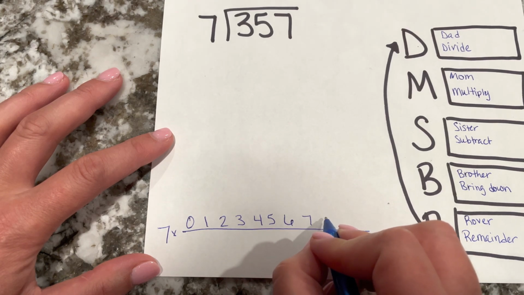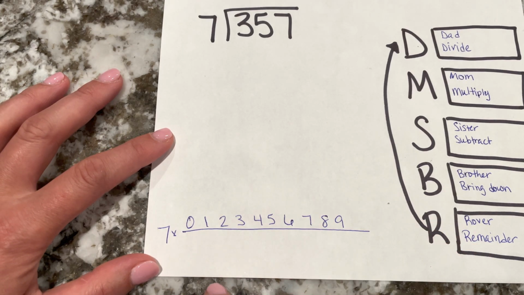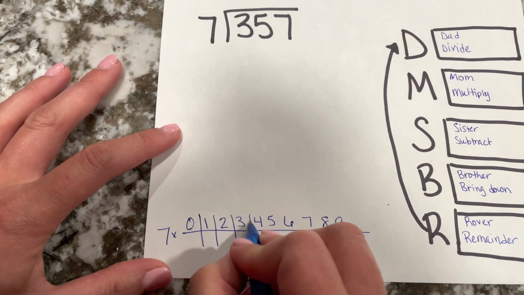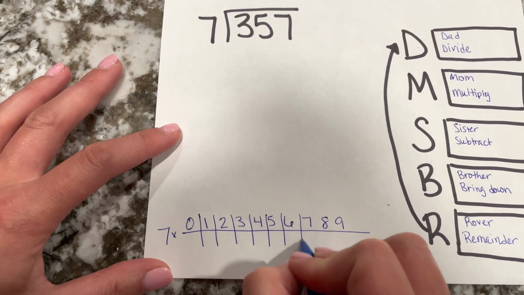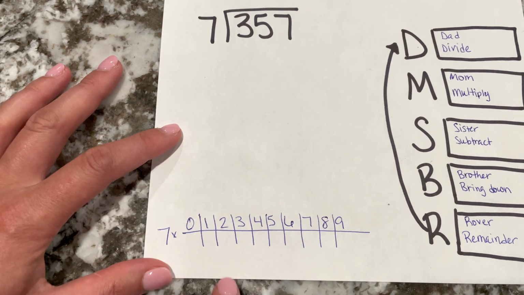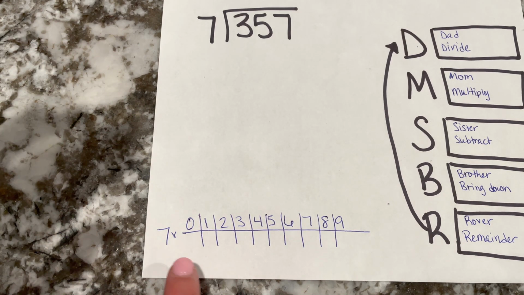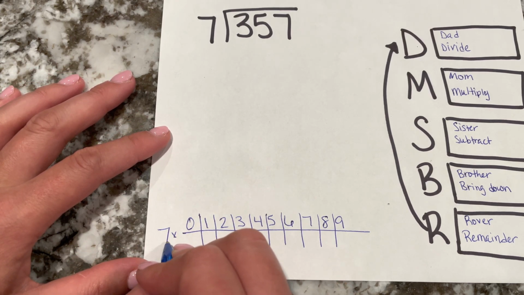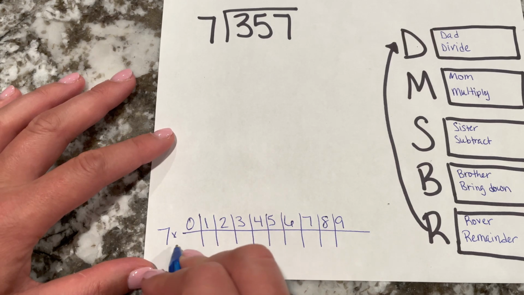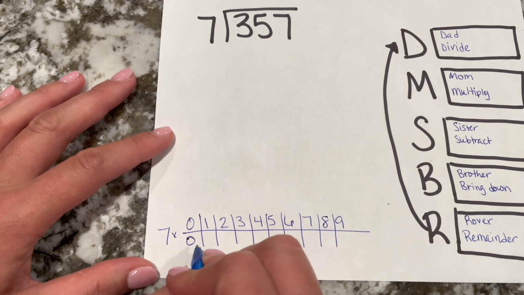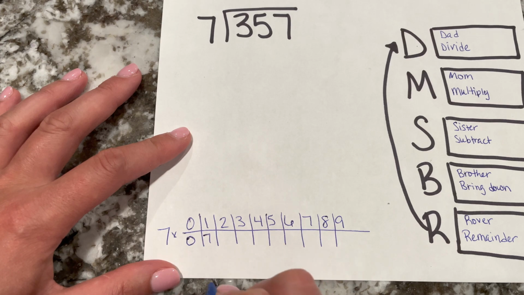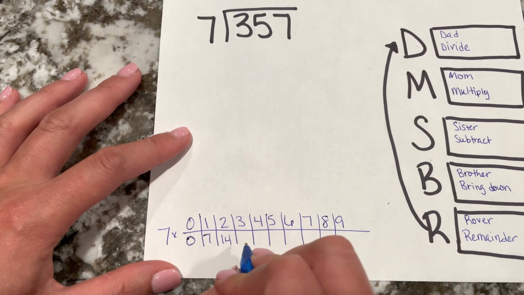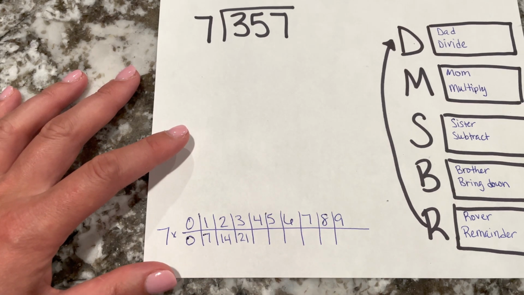Kind of spread them out. I didn't do a very good job there. Okay, and then you can just kind of make a little division here. I should have left more room. Okay, and then remember, you're taking 0 times your top number to get your bottom number. So 7 times your top number to get your bottom number. So 7 times 0 is 0. 7 times 1 is 7. 7 times 2 is 14. 7 times 3 is 21.